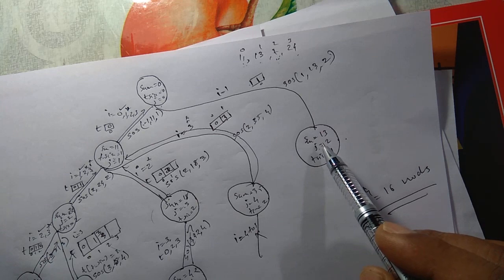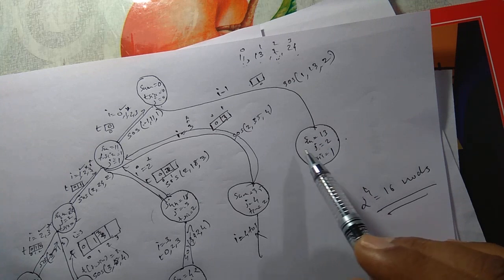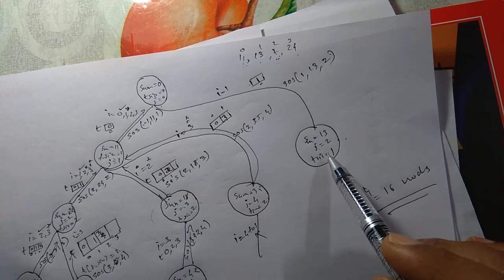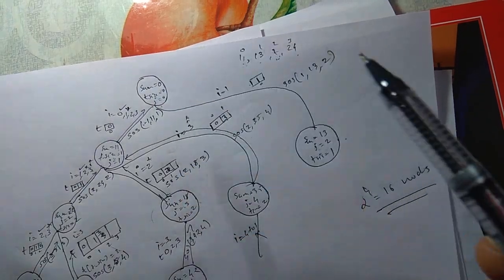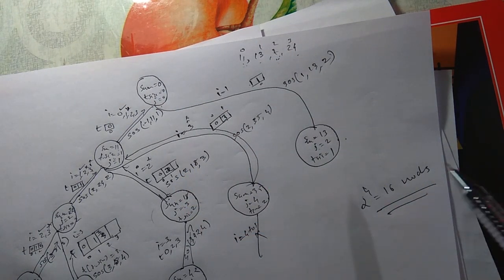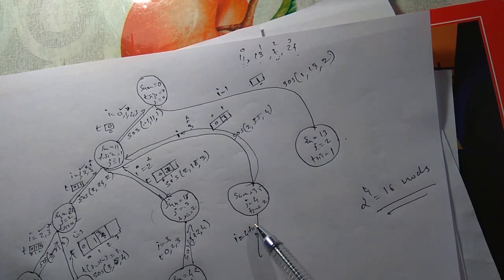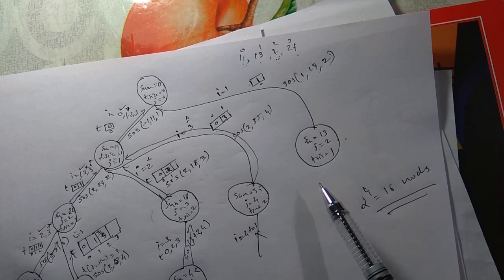An E node is a live node whose children are currently being generated. So which are the live nodes here? This is a live node and this is an E node. All others are dead nodes. Children are generated. Okay, we'll continue in the next video.